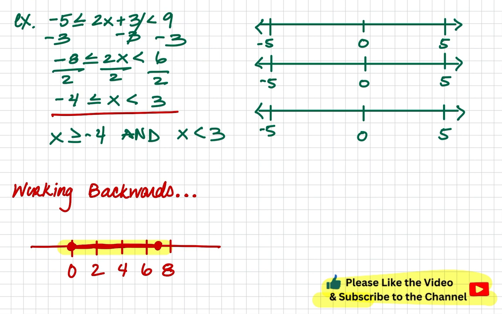So -4 is around here, and it is greater than or equal to, so this is going to be a filled-in circle. And it's anything that's greater than that. So we're going to make sure this is highlighted.